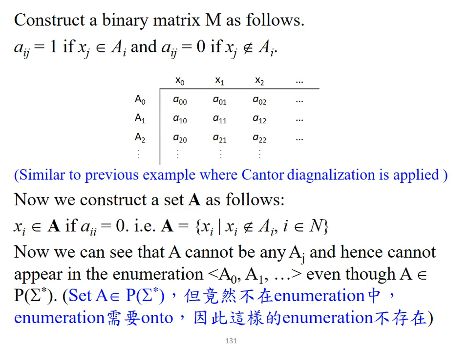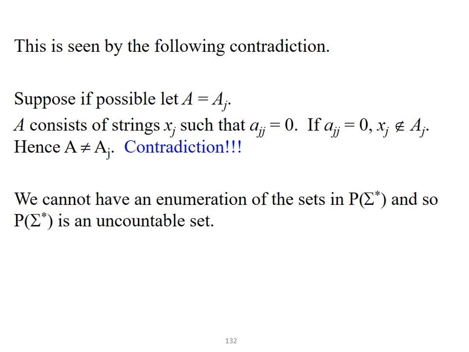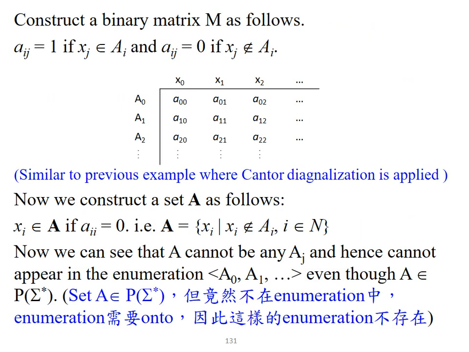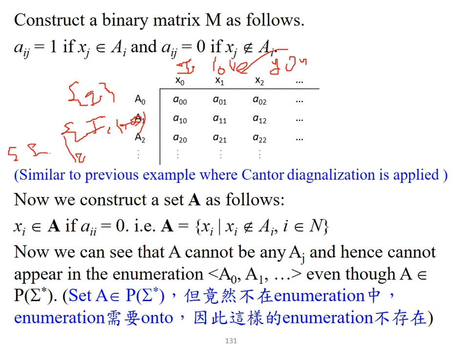So let's just use our example. Suppose this is I, this is love, this is you. And then these are the subsets. For example, this subset contains only I, this is the subset I love, and this is the subset I love you. Then we have the binary representation for this matrix.